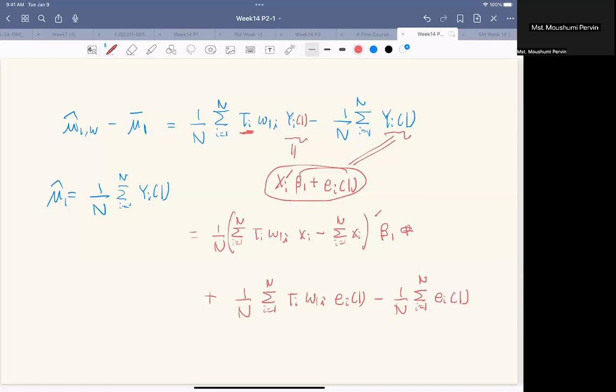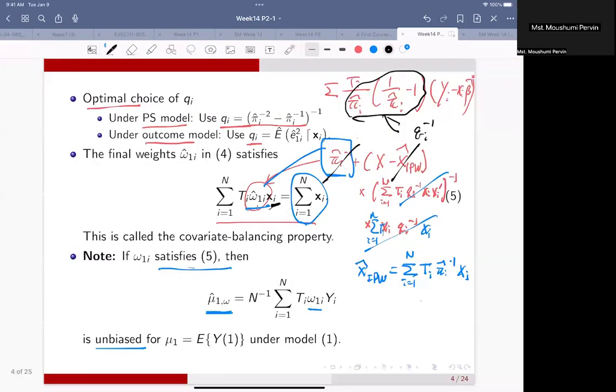So basically, this is 0, right? So this is a condition.